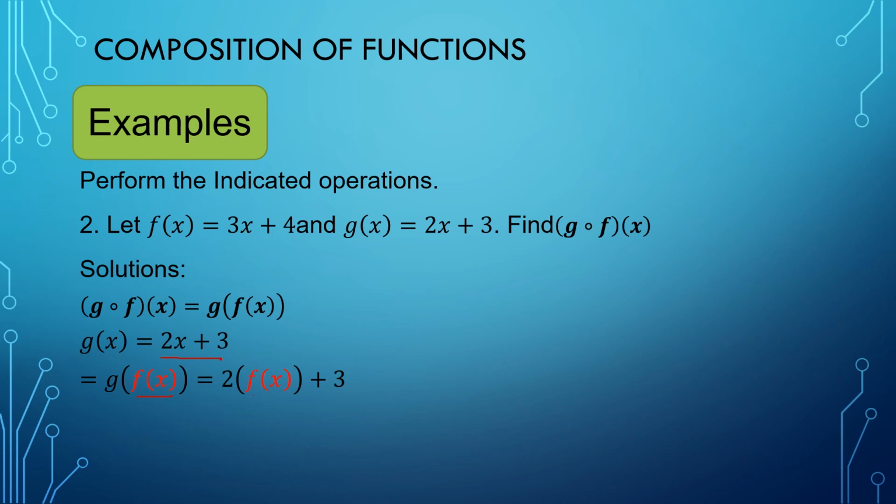So 2 times f of x plus 3. The x, we just make it f of x. So we have 2 times, what is f of x? We have 3x plus 4. Therefore, 2 times 3x plus 4. Distribute 2: 2 times 3x is 6x, then 2 times 4 is 8.